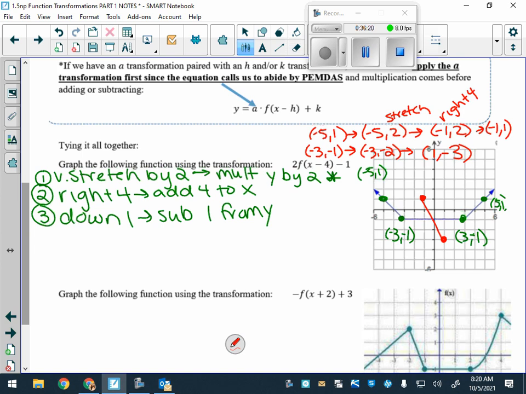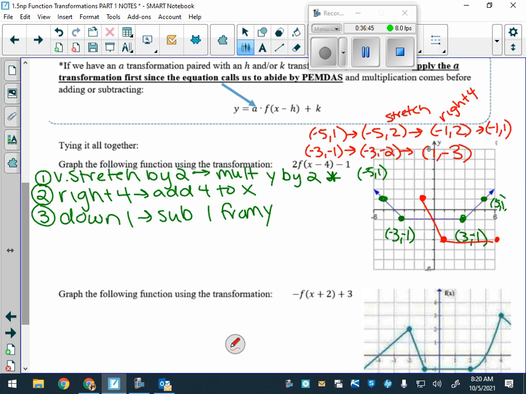Tyler? 7, -3. And the last one is off the graph, obviously. But it would be 9, 1. Okay, 9, 1 would be the last one.